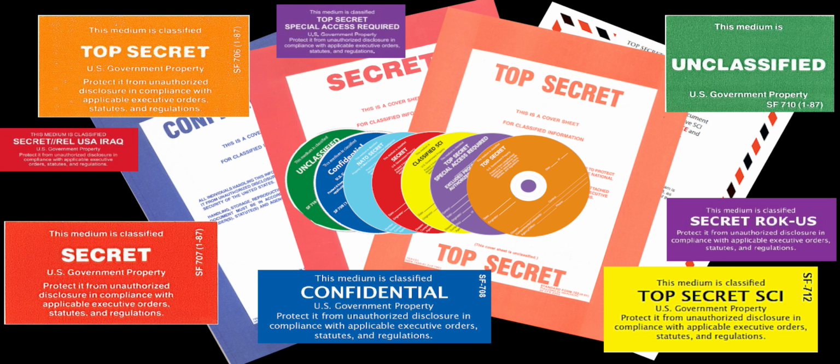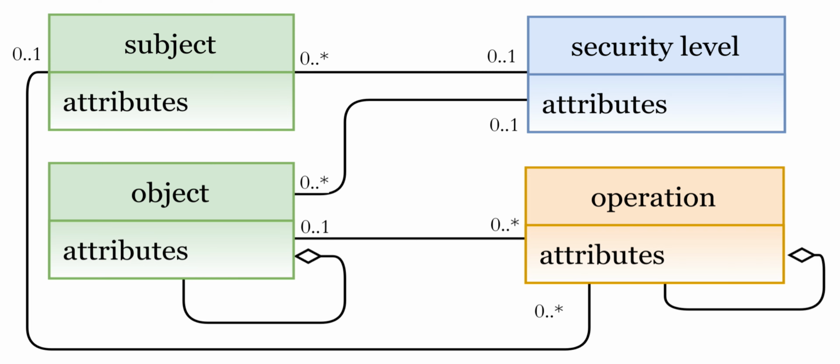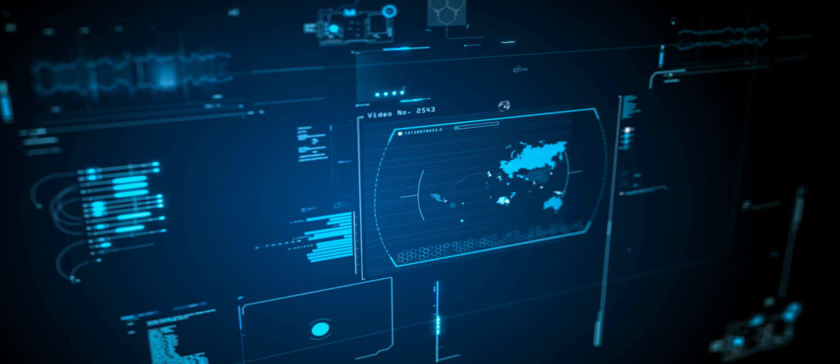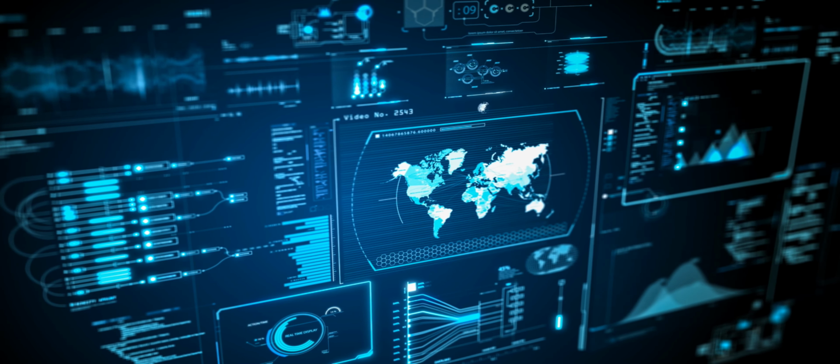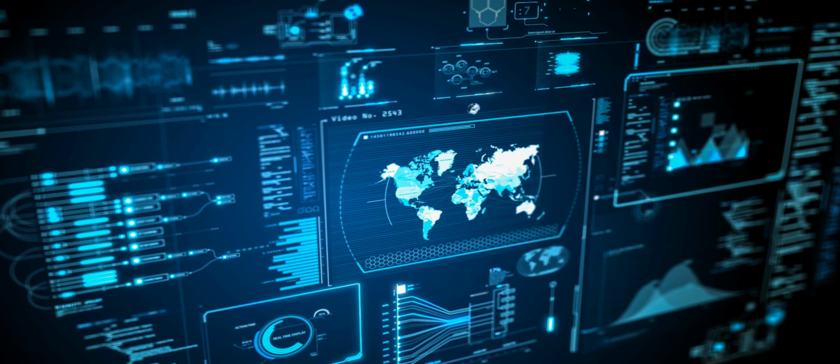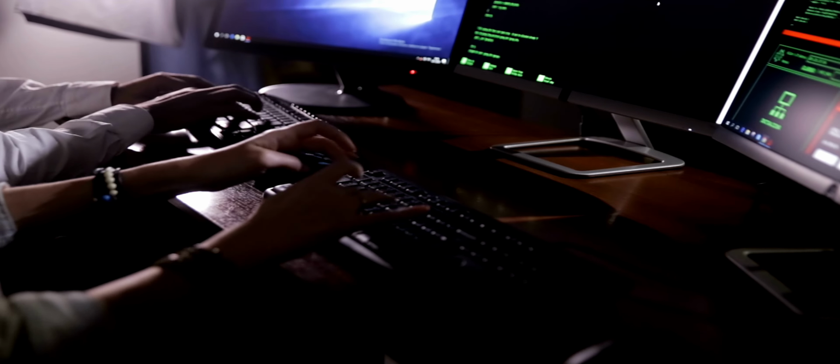A person called the subject is given a classification based on what clearance level they have been given. The data or object is also given a classification level of secret, top secret, or unclassified. The subject must be at a higher or equal clearance level than the documents or information systems they are accessing.